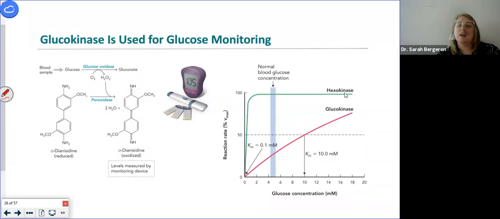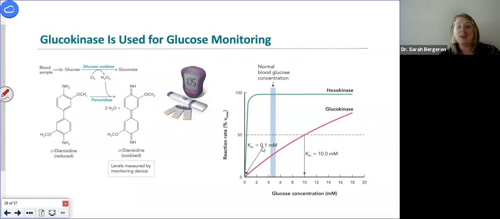Look at our two enzymes, hexokinase and glucokinase. Hexokinase is basically everywhere except in the liver and the pancreas, where glucokinase is located. Tell me about hexokinase. When is hexokinase active and working? It doesn't matter how much glucose you have. You could have a tiny amount of glucose, right?